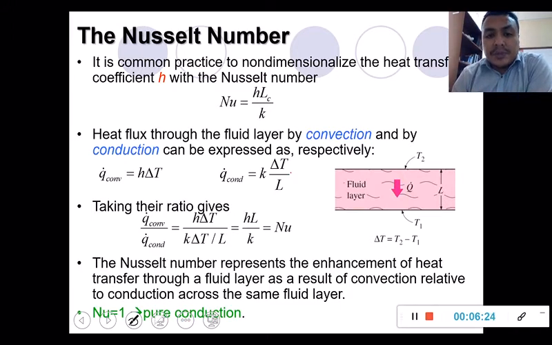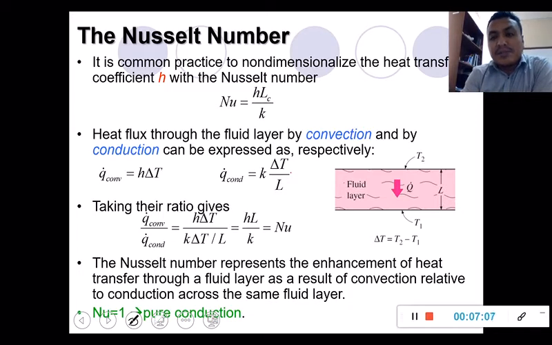One of the dimensionless numbers used in convection is the Nusselt number. It is common practice to nondimensionalize the heat transfer coefficient h with the Nusselt number, where the formula is Nu equals hLc divided by k. The heat flux through the fluid layer by convection and by conduction can be expressed as follows.